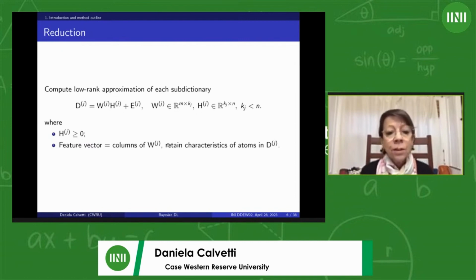again, because I want to interpret the entries as weights. And also, as is the case in some applications, the entries of Dj, or the entries of the original dictionary, had some important characteristics. In some cases it is non-negativity, in other cases it is sparsity.